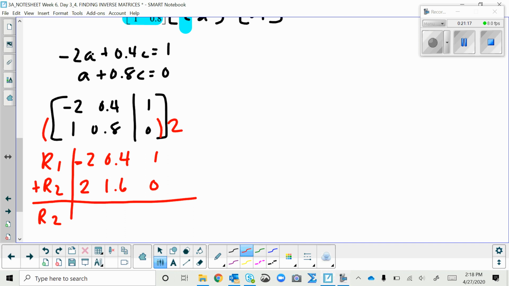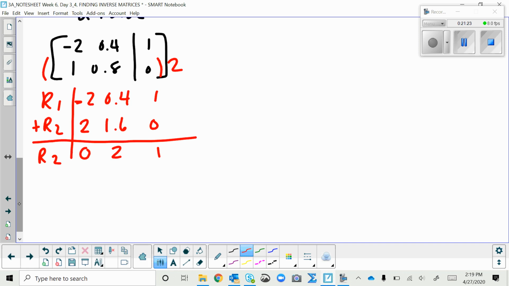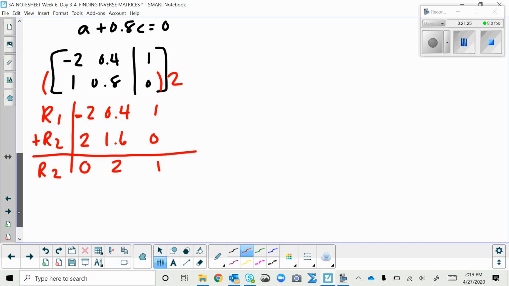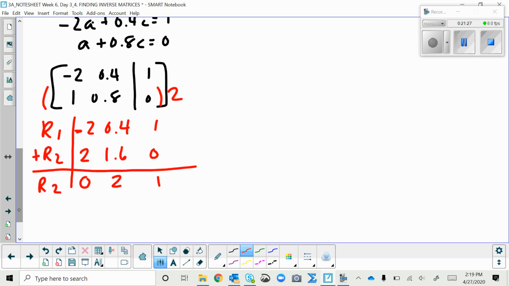That gives me 0, 2, and 1 when I add here. I'm not going to be rewriting all my matrices over and over again during the process. I'm just going to say right here that this is our A and our C, so this bottom row means 2C equals 1, so C equals 1/2.